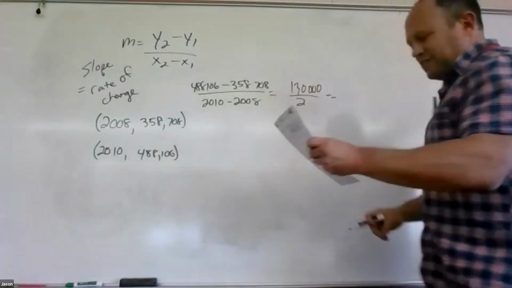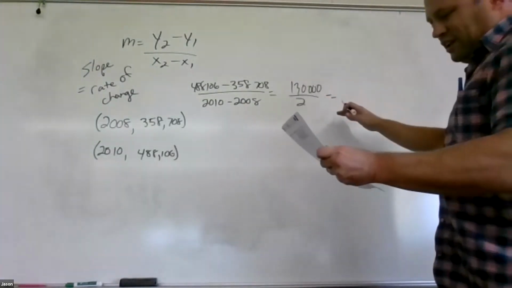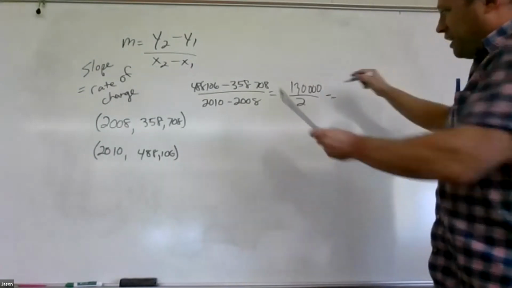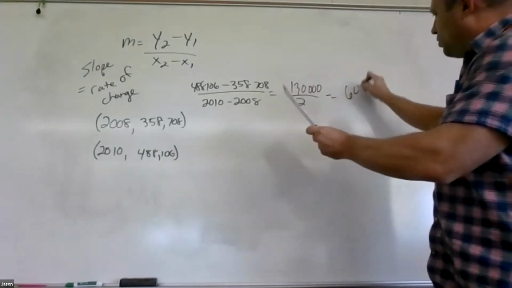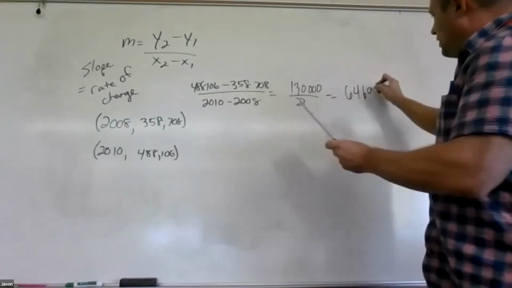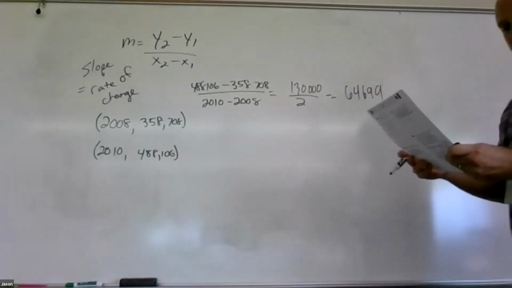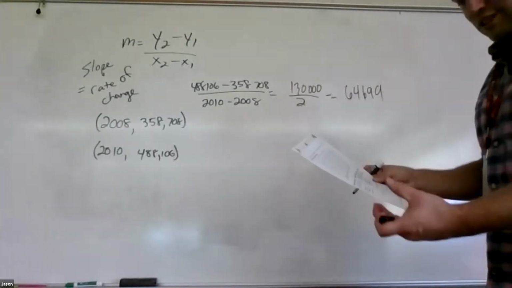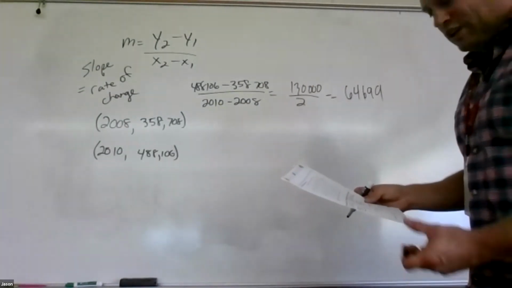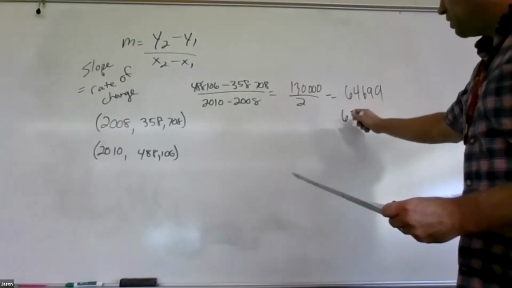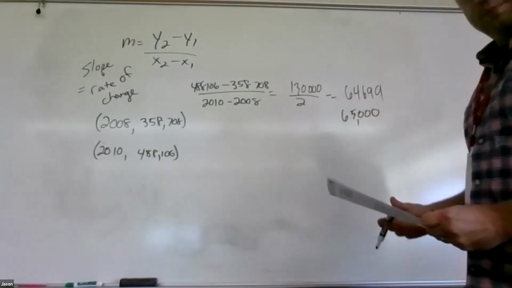It's close, but not quite that. But when I divide it, I get about 65,000. Actually, when I divided it exactly, I got 64,699. That's pretty close to 65,000. In terms of your choices here: 50,000, 65,000, 75,000, 130,000. The closest would be the 65,000.